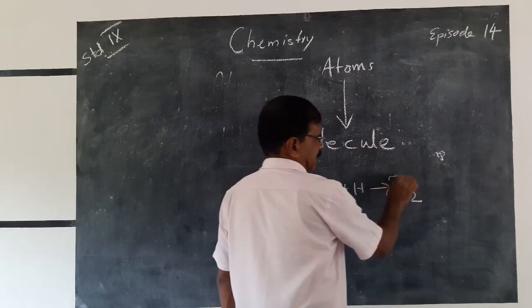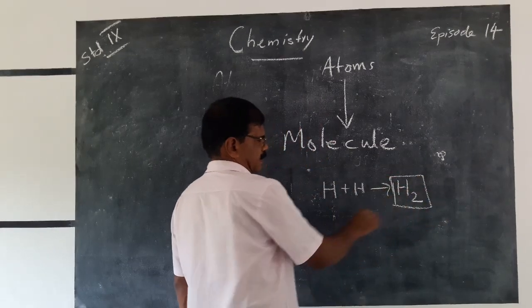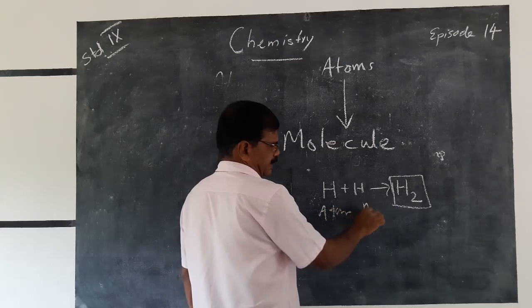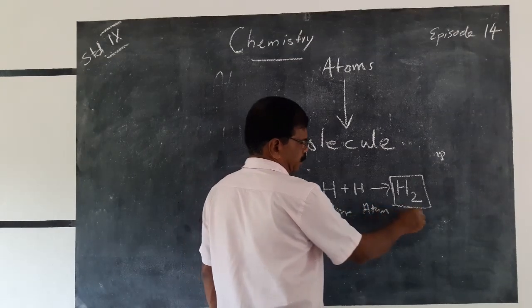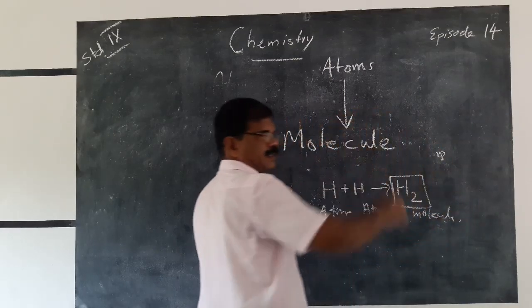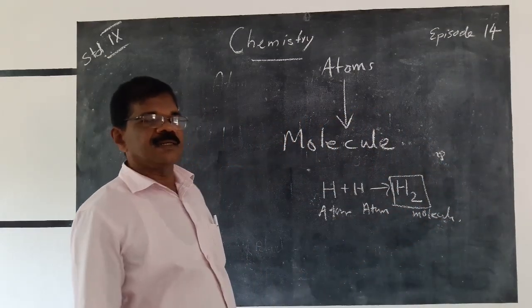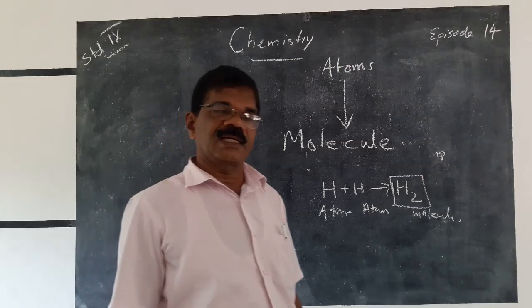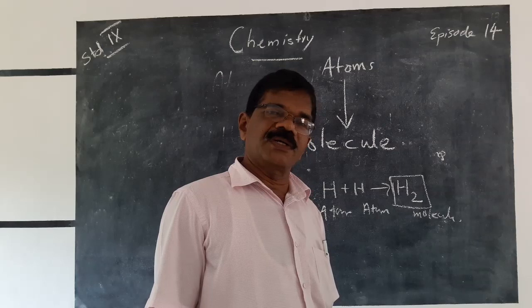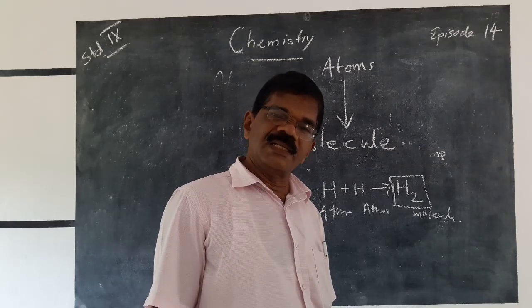This is a hydrogen molecule. This is a hydrogen atom. Two hydrogen atoms combine to form a hydrogen molecule. What is the reason? Hydrogen is a reactive element, so it cannot exist freely.